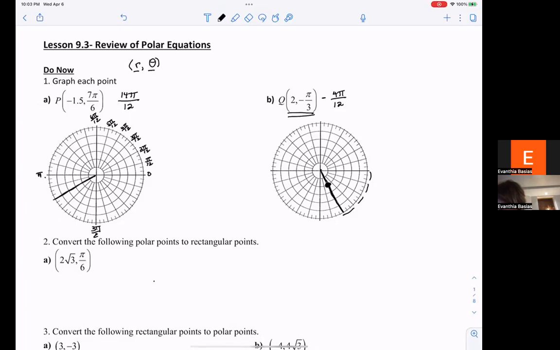Well, the angle 7 pi over 6 is really this way, but we look at the terminal side. If it were positive 1.5, the point would have been here. But because it's negative 1.5, we have to extend this terminal side to the opposite side and locate 1.5 in the opposite direction. So we reflect this point over, and that point is over here. So this red point is this pair.